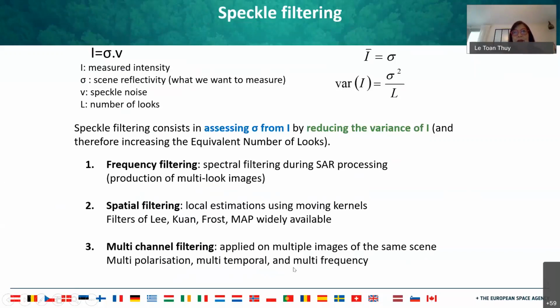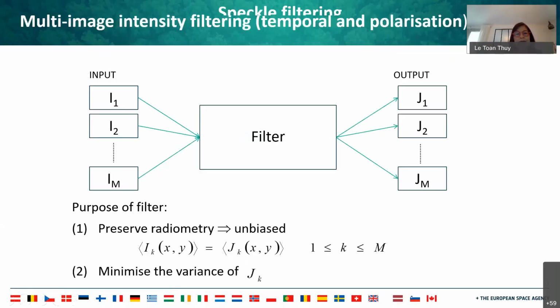The condition is that the area you are looking at is homogeneous in the physical sense, and then you look at the distribution of those areas, and the location of the pixel in the distribution is because of the speckle. This multi-image filtering is very powerful.